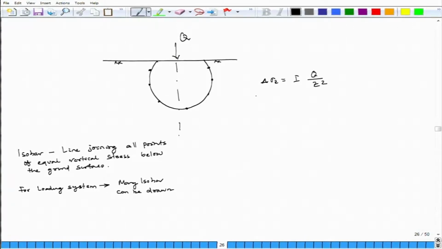So, assume sigma z is equal to 0.1 Q. So, 0.1 Q is equal to I into Q by z square, whereas I is equal to 0.1 z square.